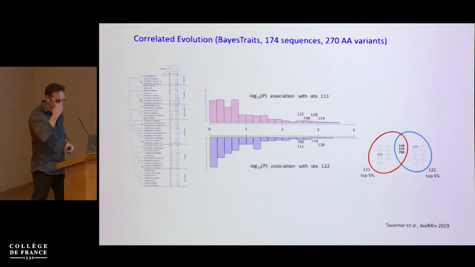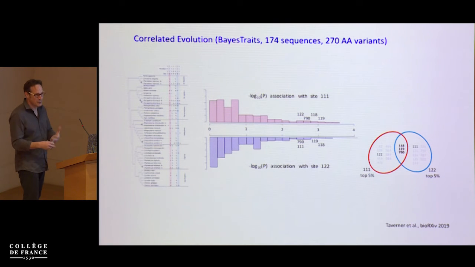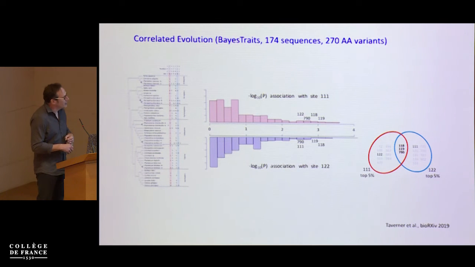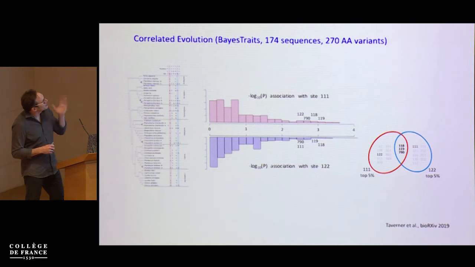We hypothesized that specialist species might harbor some permissive substitutions that Drosophila melanogaster doesn't have. And if these are common enough in our data set, we might see phylogenetic correlations between substitutions at this unknown site and positions 111 and 122. And so we carried out a phylogenetic analysis using a program called BayesTraits.